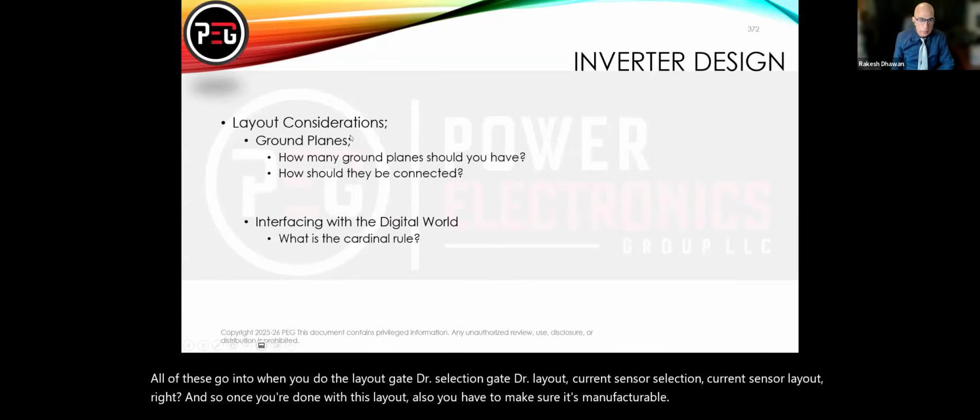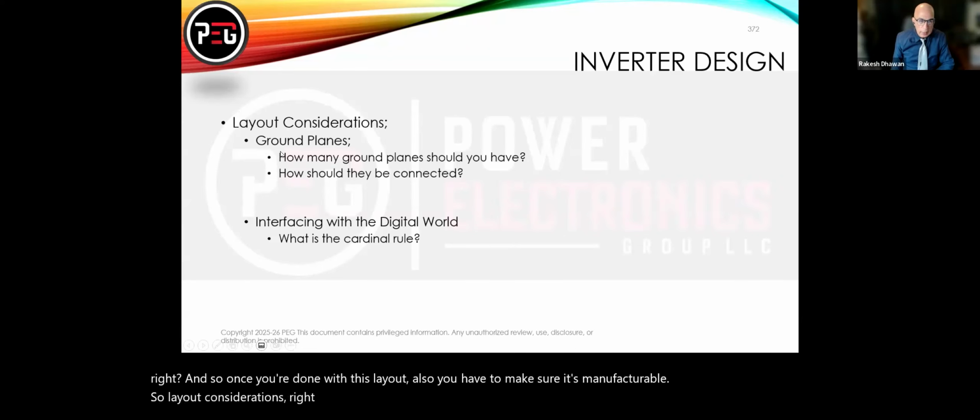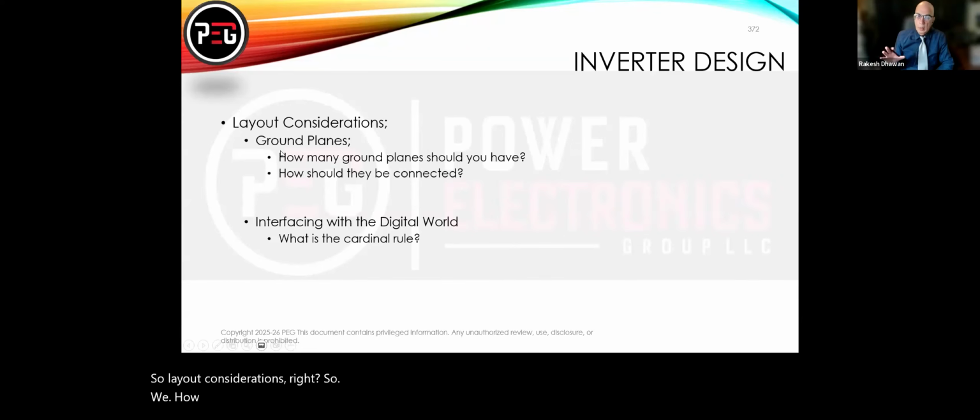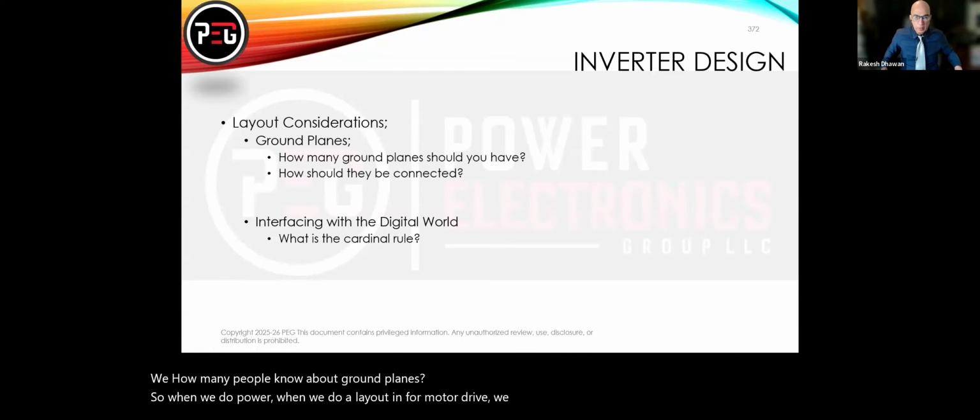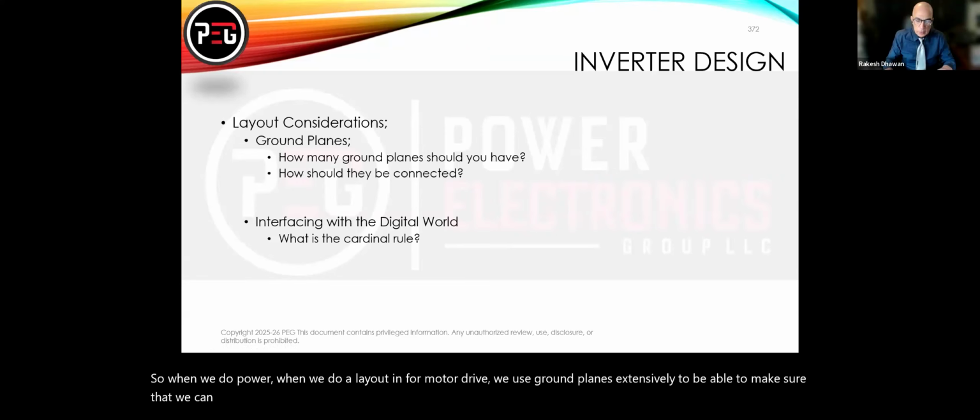So layout considerations, right? How many people know about ground planes? When we do a layout for motor drive, we use ground planes extensively to eliminate as much noise as possible, so that the burden on the microcontroller is less.